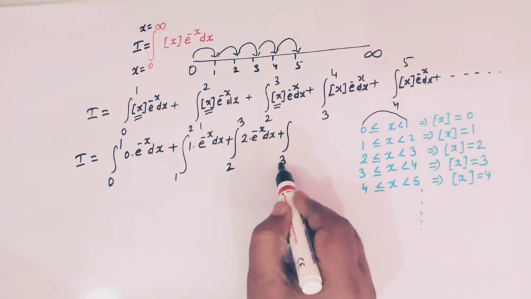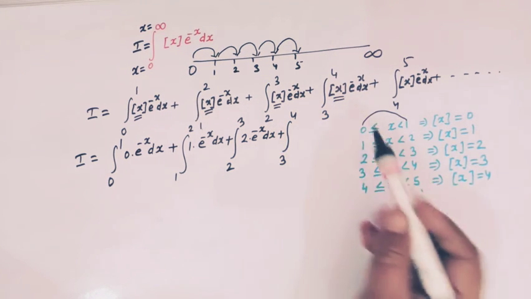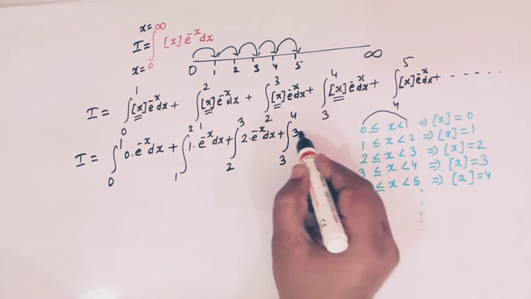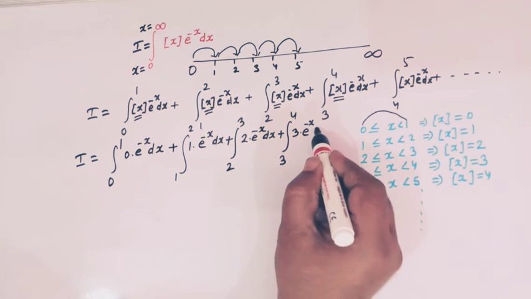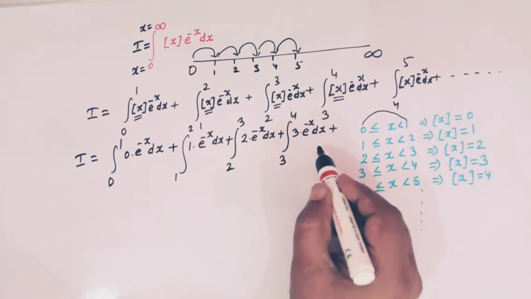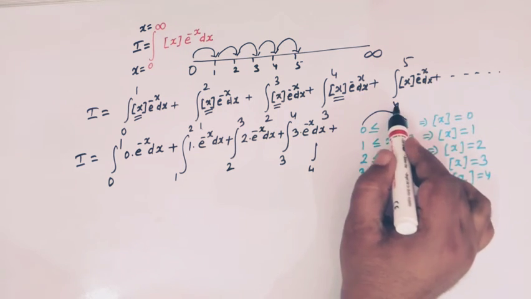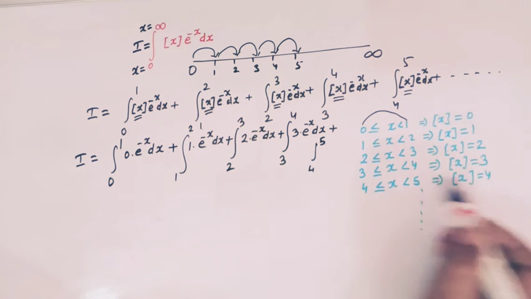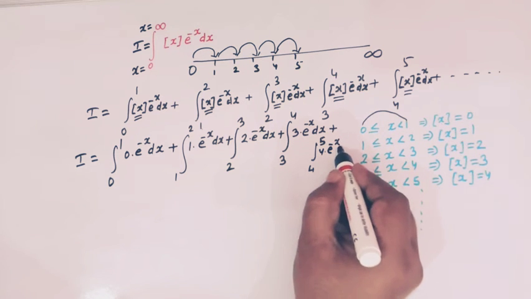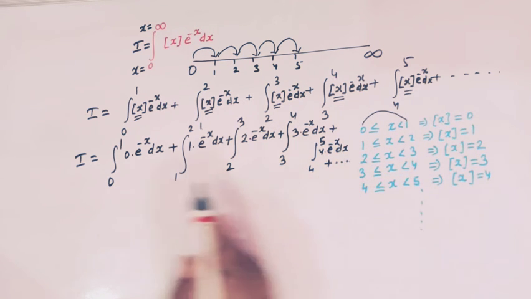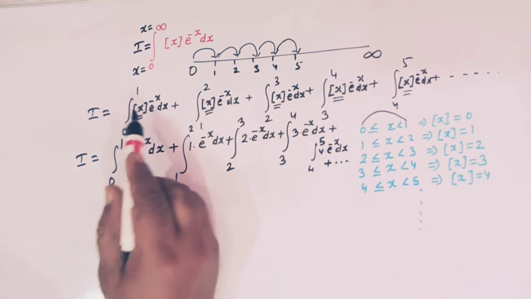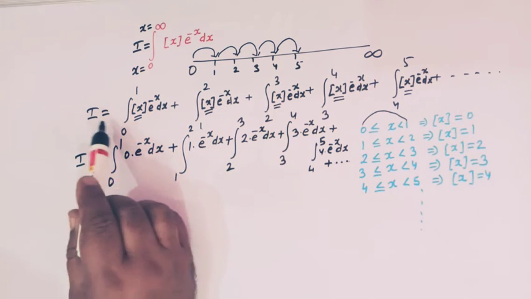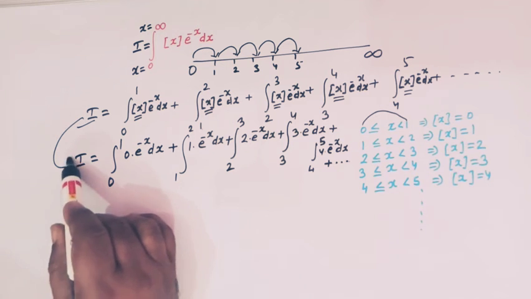From 3 to 4 the value of greatest integer x is 3, so here we have 3 times e raised to minus x dx, and when x is from 4 to 5, the value of greatest integer x is 4, and so on. So using the definition of greatest integer x, we have simplified this expression to this one.